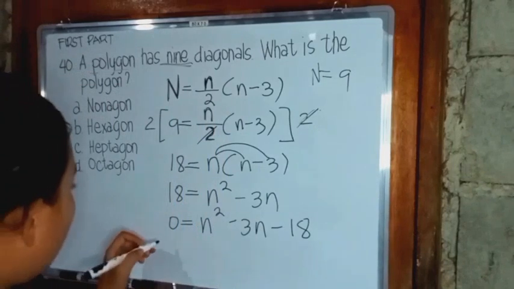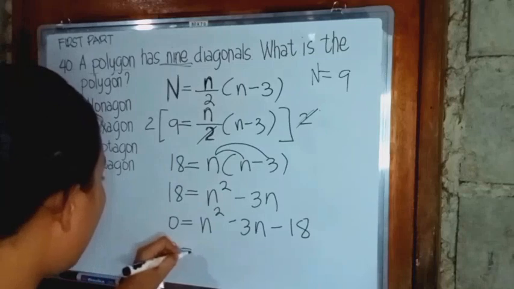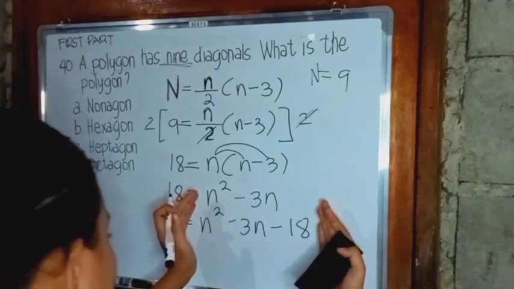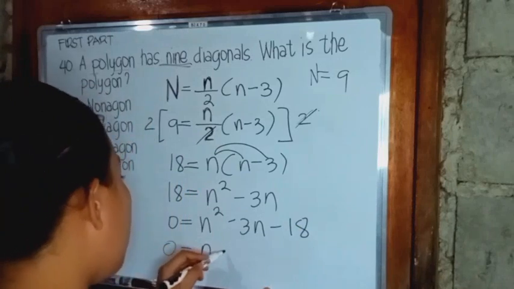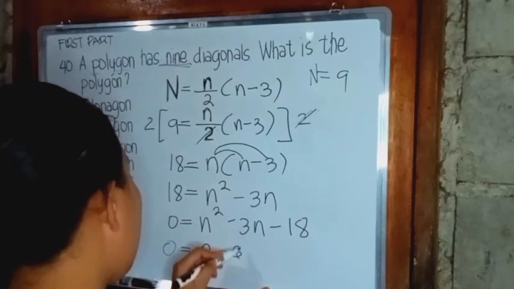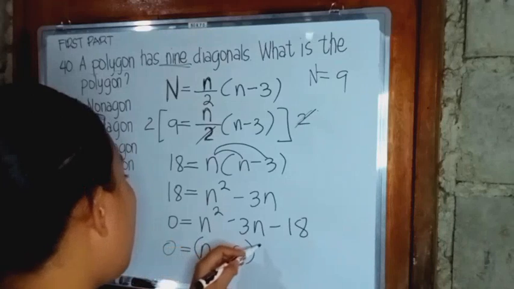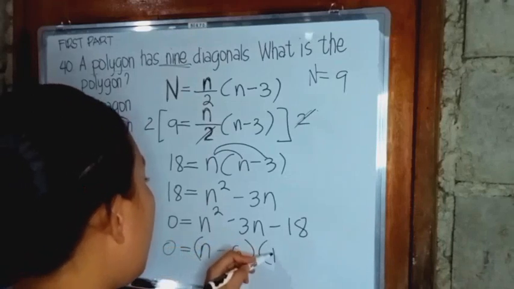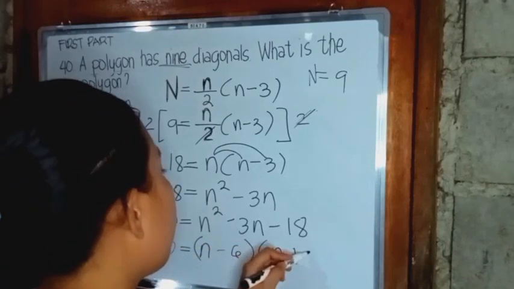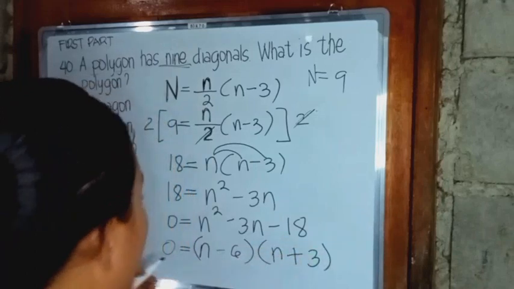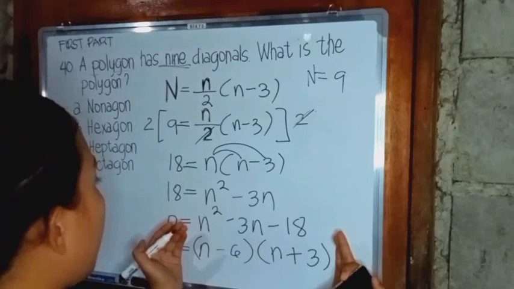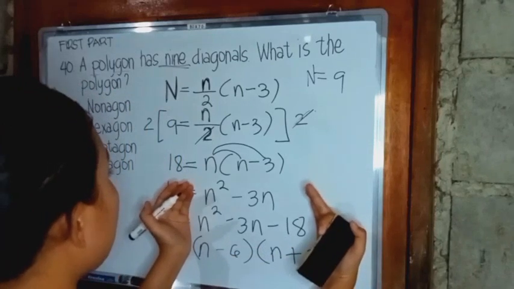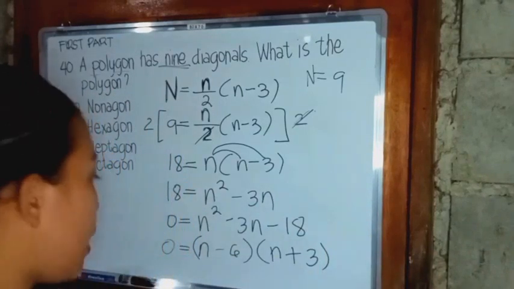So 0 is equal to, the factors of n squared minus 3n minus 18 are n minus 6 times the quantity n plus 3. If we expand these factors, it will generate a product of n squared minus 3n minus 18.